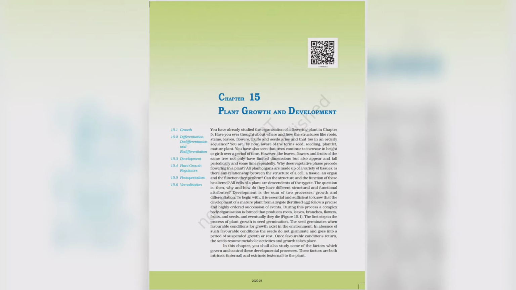You know that they are responsible for primary growth of the plant and principally contribute to the elongation of the plant along their axis. You also know that in dicotyledonous plants and gymnosperms, the lateral meristems, vascular cambium and cork cambium appear later in life. These are meristems that cause the increase in girth of the organs in which they are active. This is known as secondary growth of the plant.